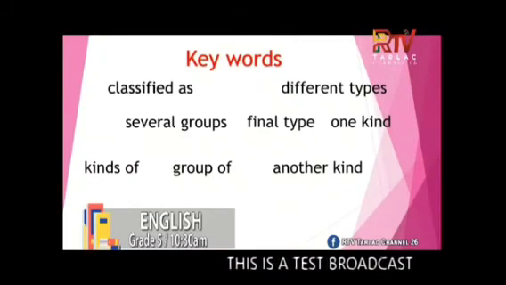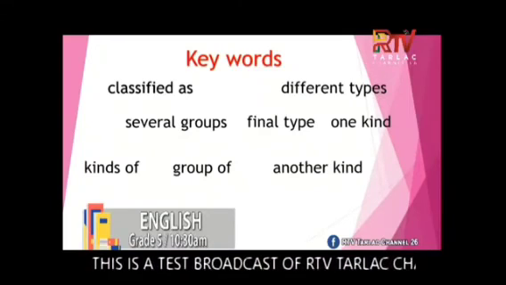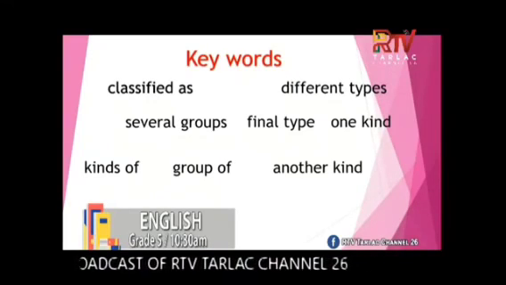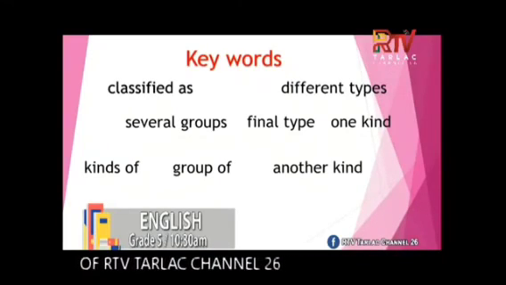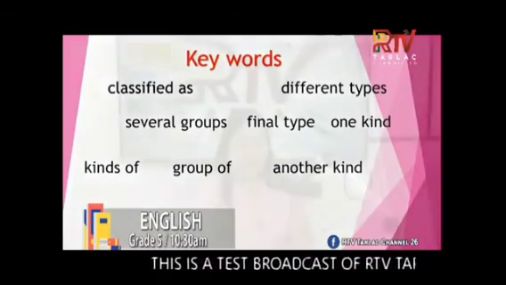Yes, very good. We have also different types. Very good. How about another kind? Is it a classification or a keyword? Yes. So class, don't forget to remember those signal words to identify if a paragraph or a text is in a classification text type.